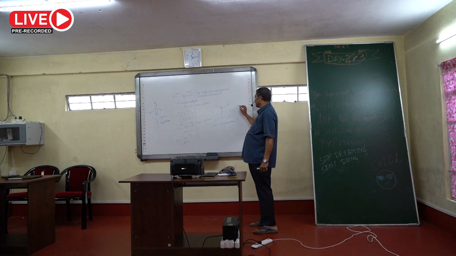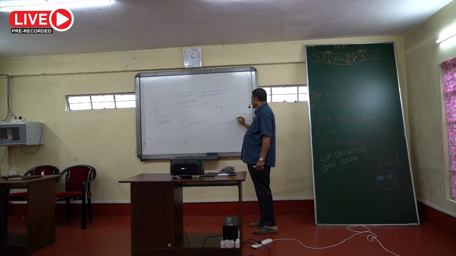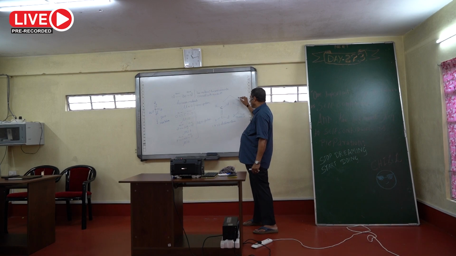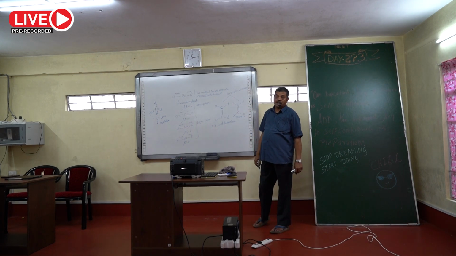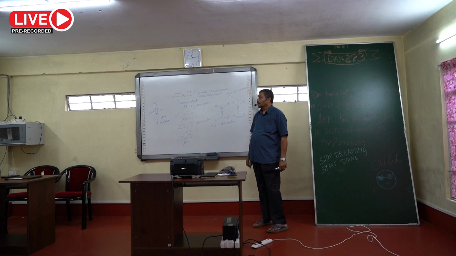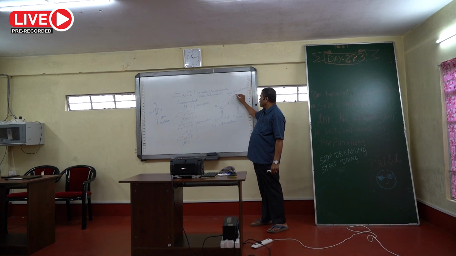Now I am writing this product. This is going to be trans-1,2-dichloroethene. These two are geometrical isomers, also called diastereomers.